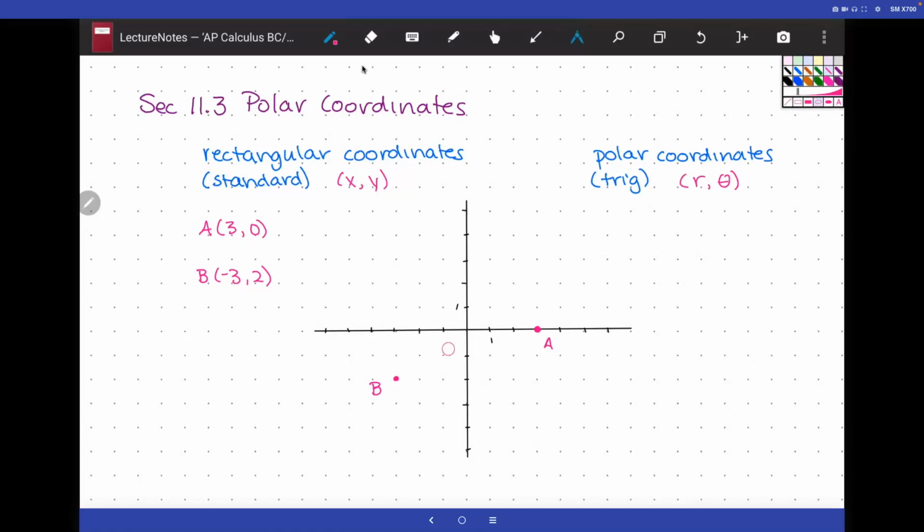So we have a circle with radius 1, a circle with radius 2, a circle with radius 3, and I'll go one more. 1, 2, 3, 4. It's like a bullseye.